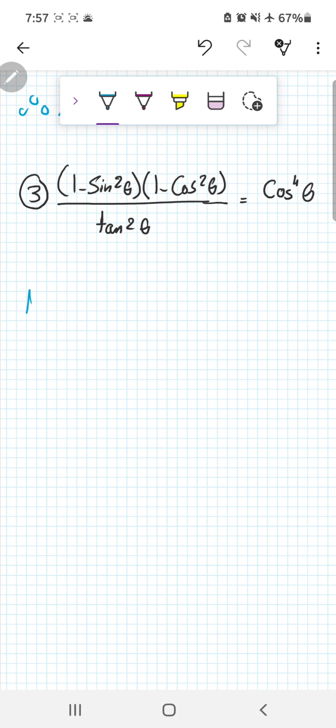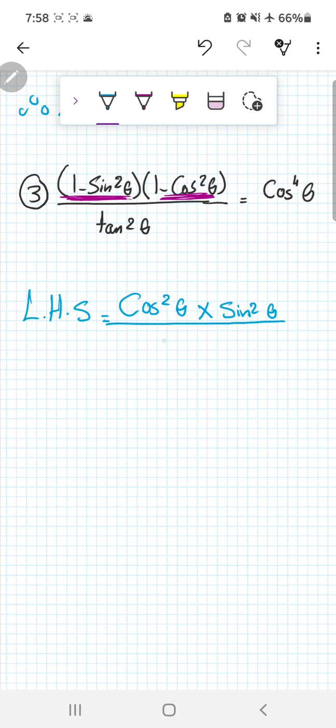In the left hand side we have 1 minus sine squared theta. It's the first identity: 1 minus sine power 2 will be cosine power 2 theta. Multiply by 1 minus cosine power 2, also it will be sine power 2 theta, over tan squared theta.